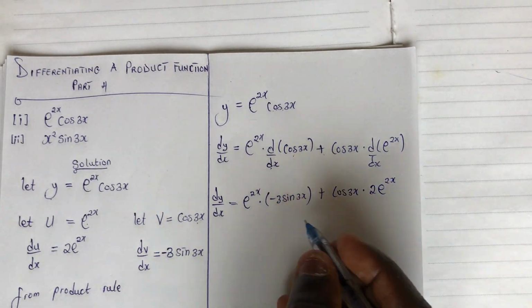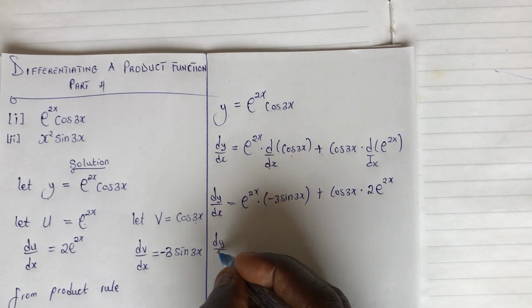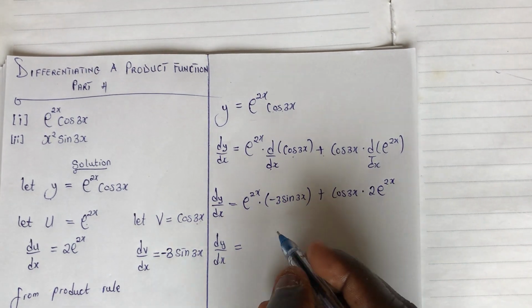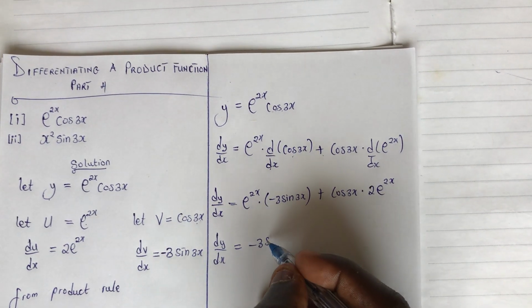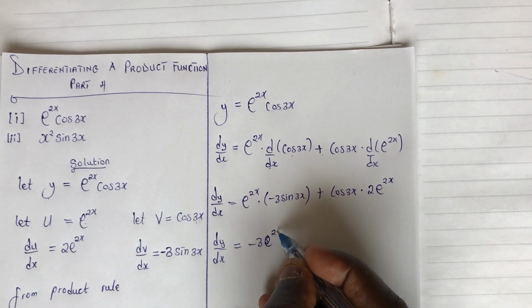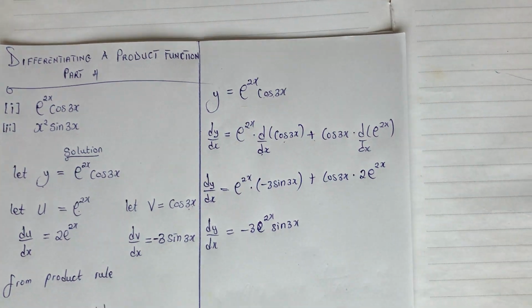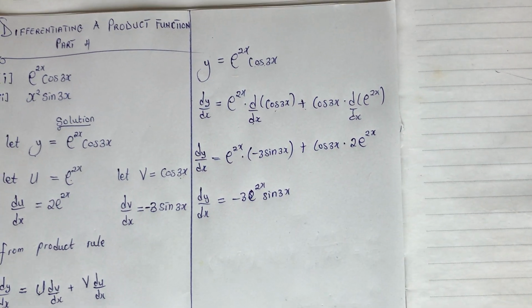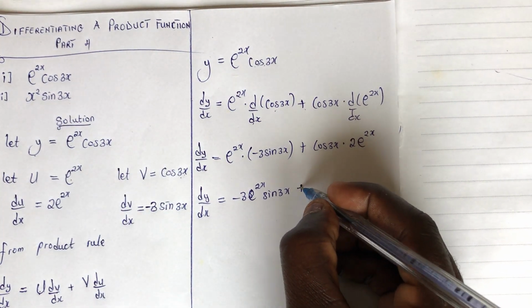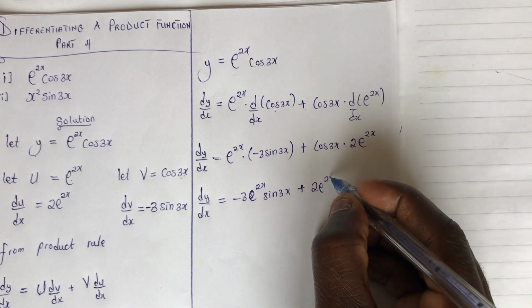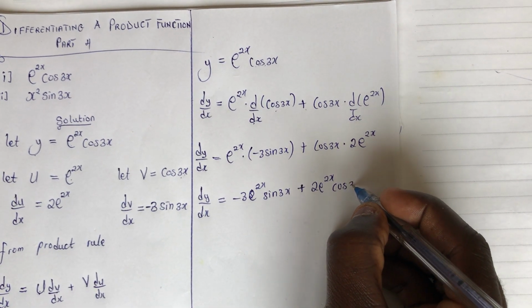So now we can simplify. dy/dx is giving us minus 3 e raised to the power 2x sine 3x plus 2 e raised to the power 2x cos 3x.